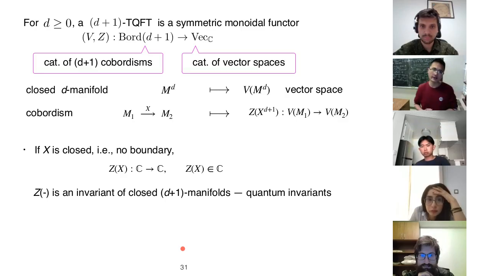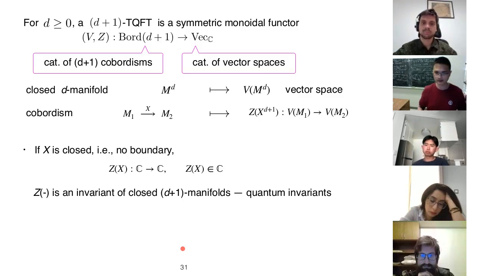In particular, if X is closed, which means it doesn't have boundary, then Z(X) defines a linear operator from the one-dimensional Hilbert space, and such a linear operator is just a scalar. It turns out this scalar is an invariant of the manifold, and that's called a quantum invariant.